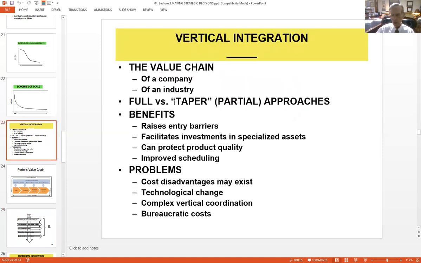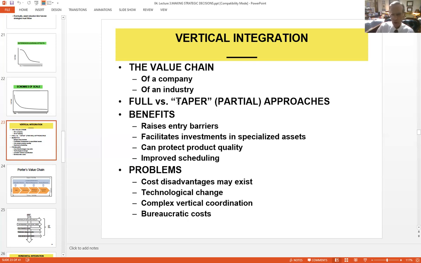And we could acquire enough of our suppliers so that we don't need to buy anything more at all. We could supply all of our own raw material requirements. That would be full integration.